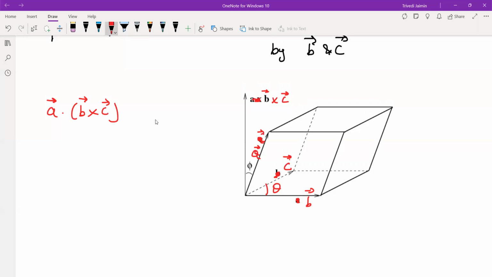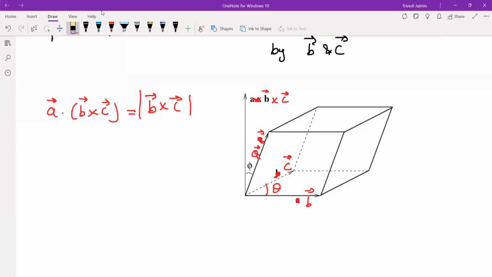Follow that diagram. Which is equal to the magnitude of B and C, and A cos alpha, not alpha, we have phi. Sorry. Cos phi.